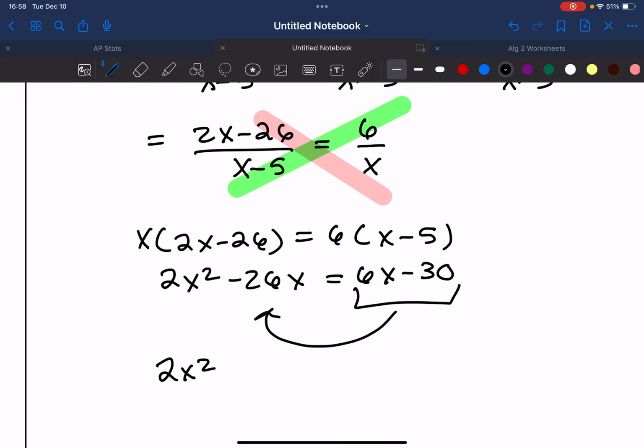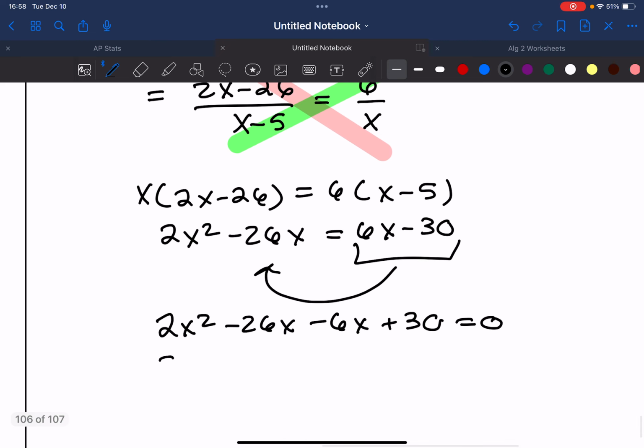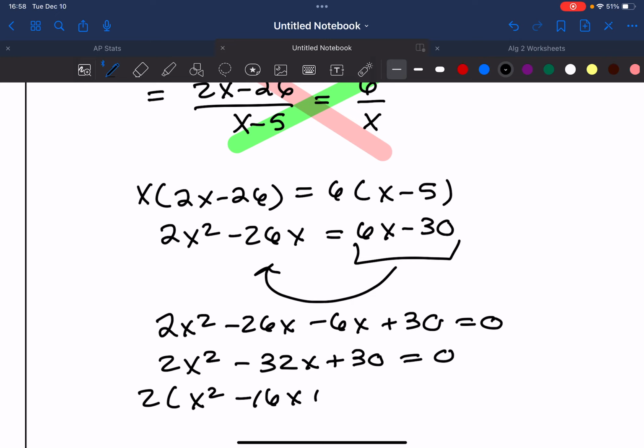So 2x squared minus 26x minus 6x plus 30 equals 0. Gives me 2x squared minus 32x plus 30 is equal to 0. I can take out a GCF of 2 and I'm left with x squared minus 16x plus 15 equals 0.